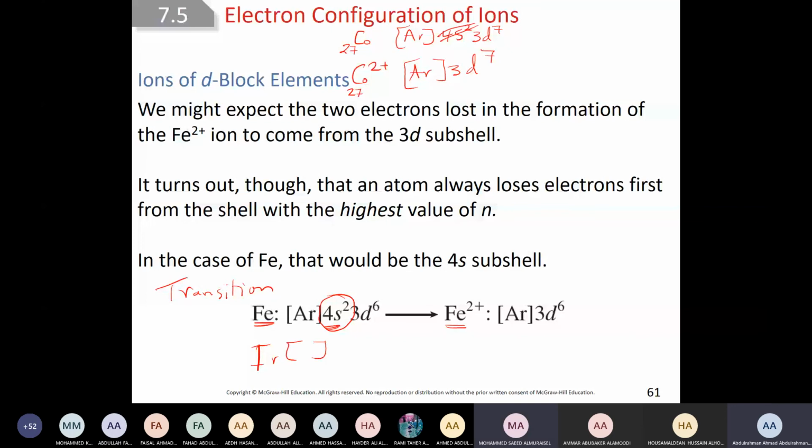Yes, ruthenium, I forgot. The ruthenium structure will be the noble gas, and then 5s2, 4d6. If I want ruthenium 2 plus, what will be the structure? Noble gas, and then 4d6, no s electrons.